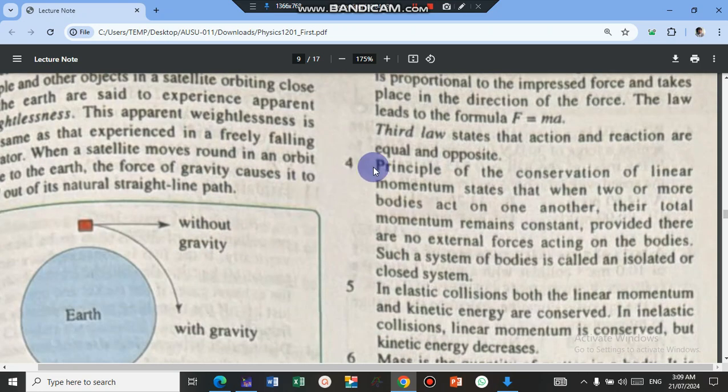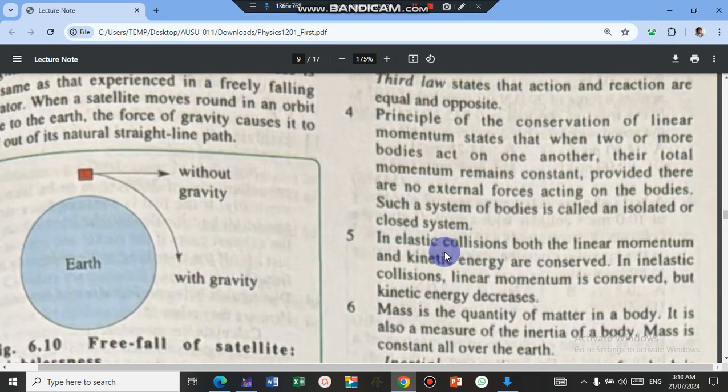And then the fourth thing here is the principle of conservation of linear momentum, which states that when two or more bodies act on one another, meaning they collide, their total momentum remains constant, provided there are no external forces acting on the bodies, and such a system of bodies is called an isolated or closed system.